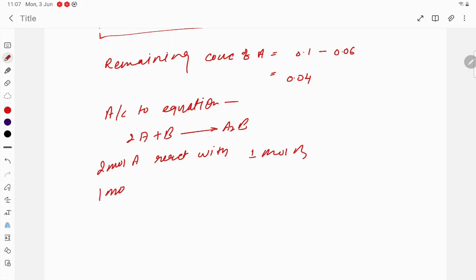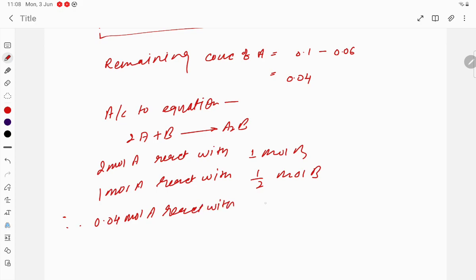So 1 mole of A reacts with how much, student? React with 1 by 2 mole of B. Therefore 0.04 mole of A reacts with 1 by 2 into 0.04. So it is 0.02 mole of B.